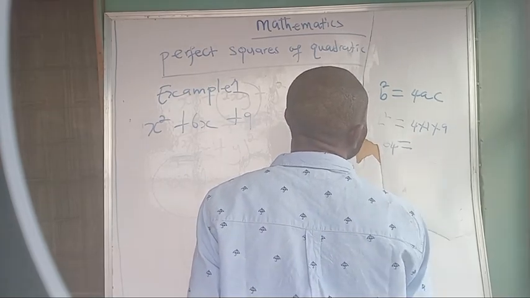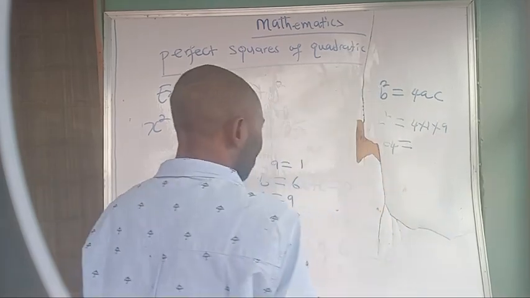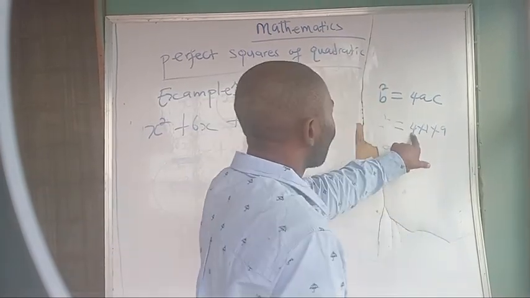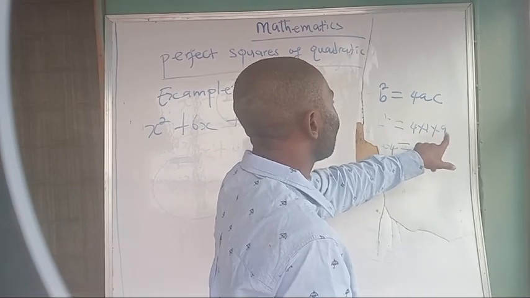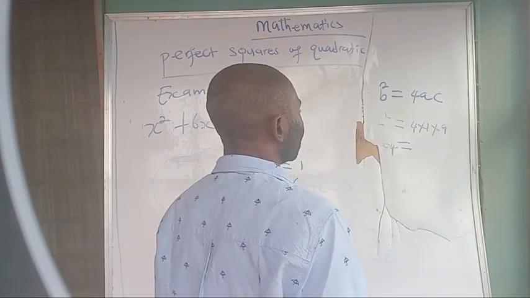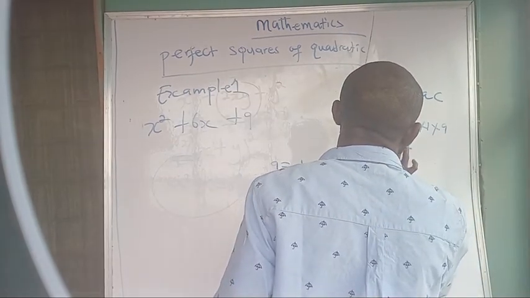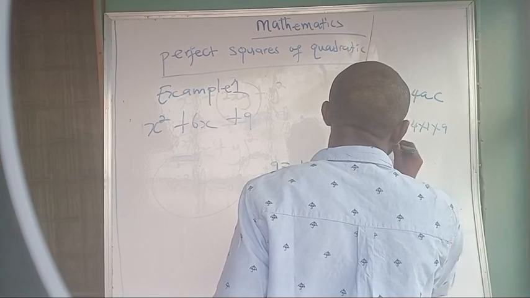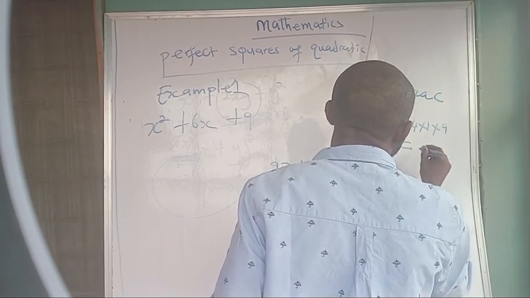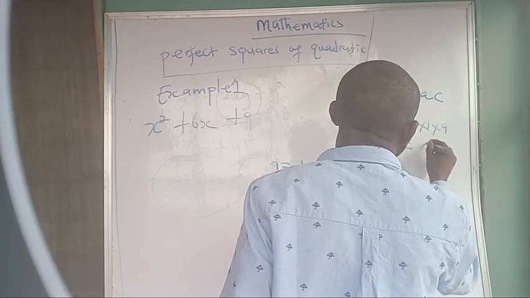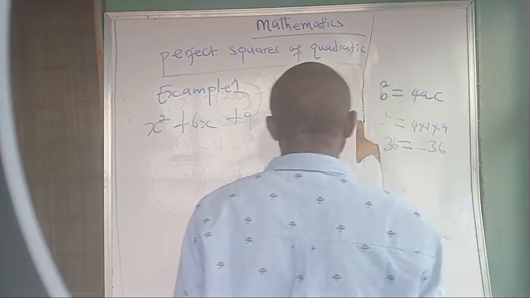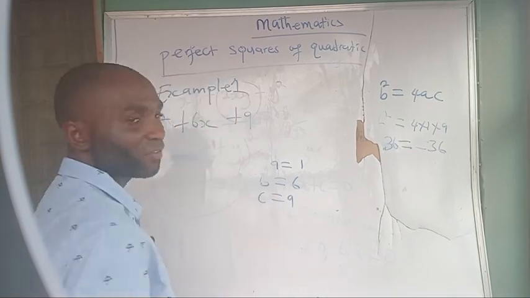36 is equal to 4 times 1, which is 4, and 4 times 9 is also 36. So this equation is perfect.